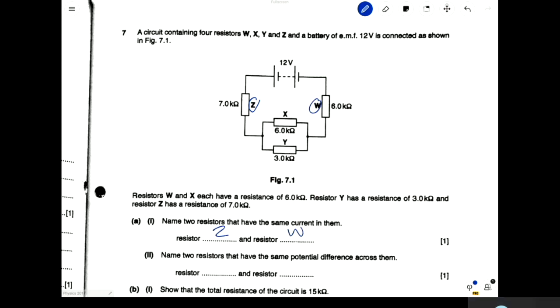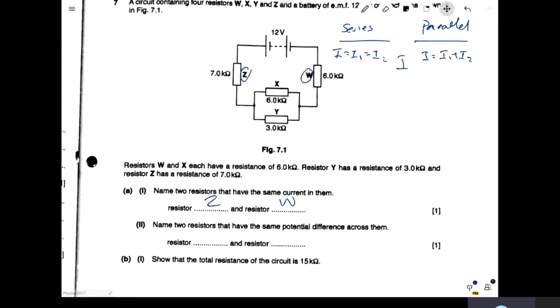Because it's in the same loop, one loop. So for current, I equals I1 equals I2. So these two are in series, so the current will be the same.